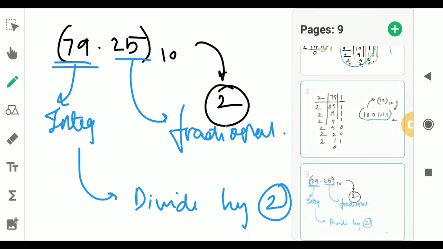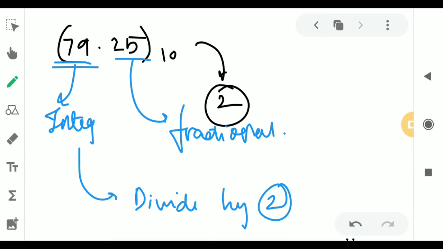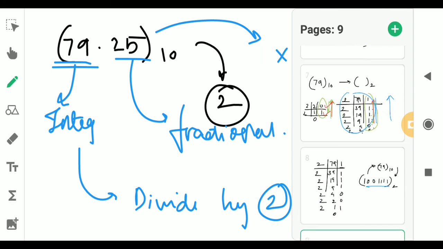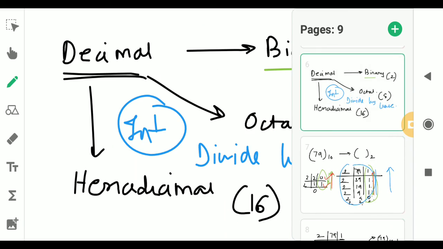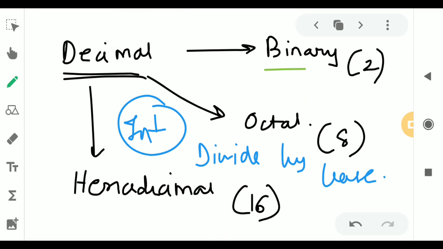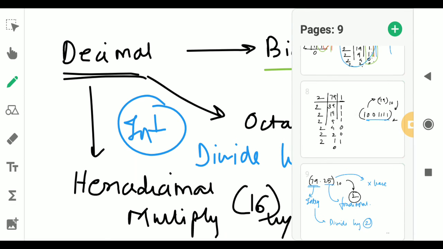What about the fractional part? For the fractional part, always multiply it by the base. Let me write it down here. Now what do I mean by this?